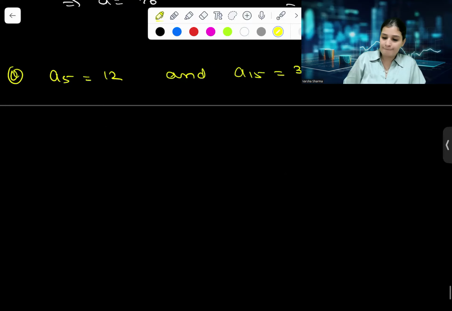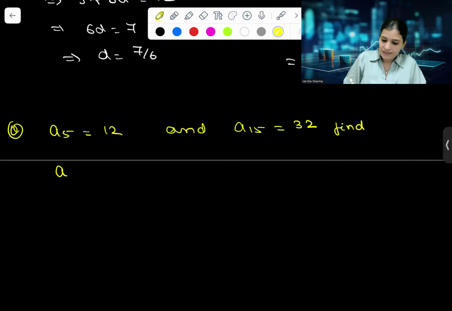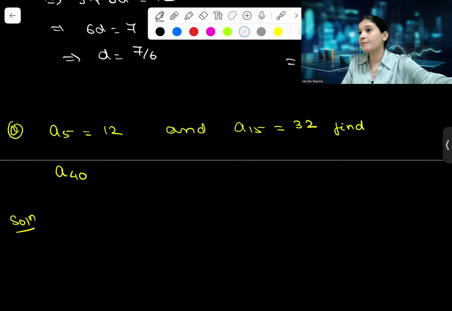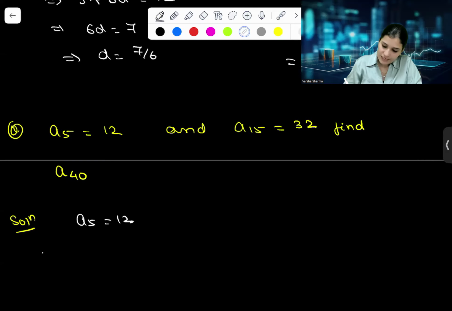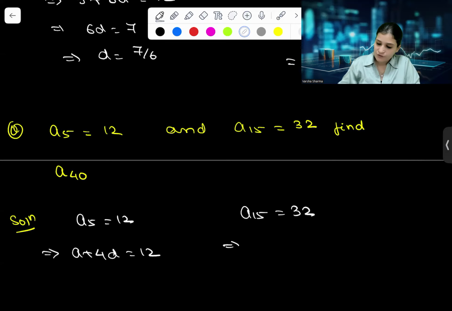Find A40. So both A and D are missing. In order to find both, we need two equations. A5 is 12, and A5 is a plus 4d. A15 is 32, so a plus 14d.